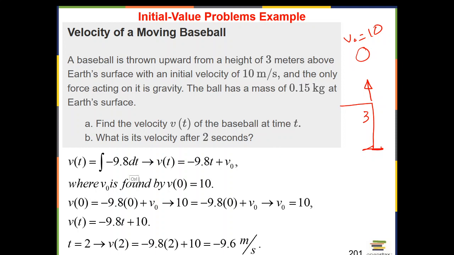Now, so v of t is going to be negative 9.8 t. This is acceleration due to gravity. In feet per second it would be 32 feet per second squared, right? And in SI units it is 9.8 meters per second squared, right?